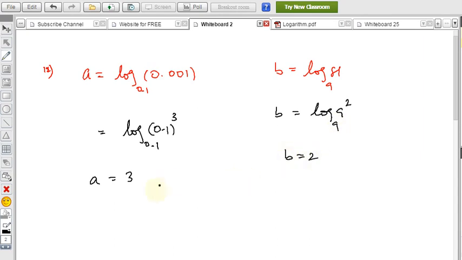Now what condition do they ask? Find the square root of a minus 2 root b. Therefore the square root of a is 3 minus 2 root 2. In the place of a and b, you can simplify the values. 3 minus 2 root 2.